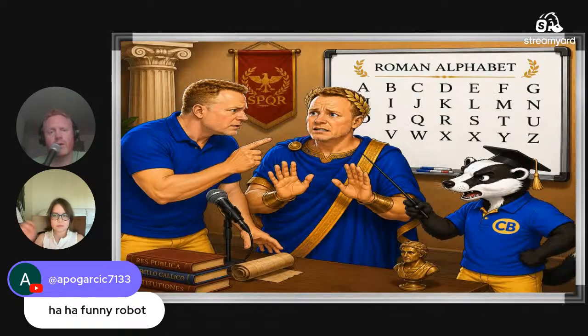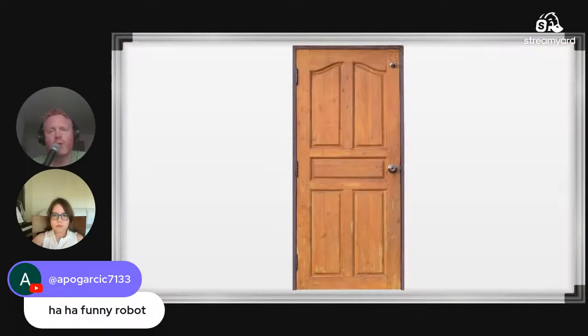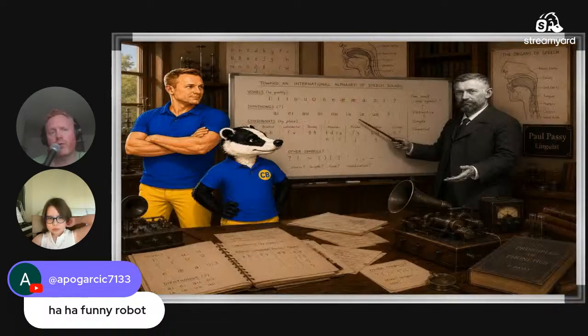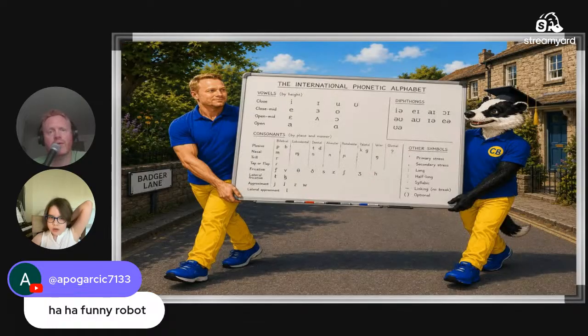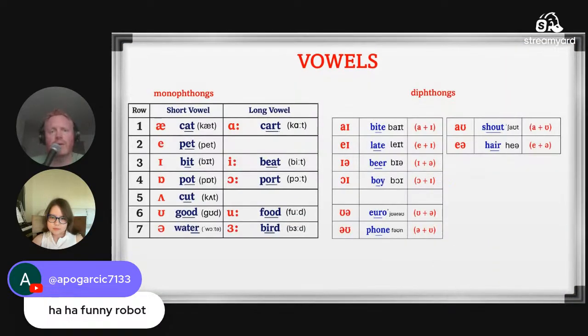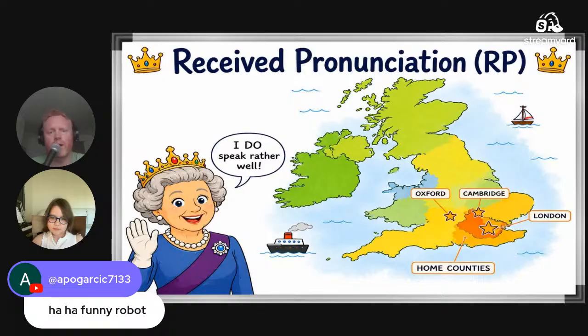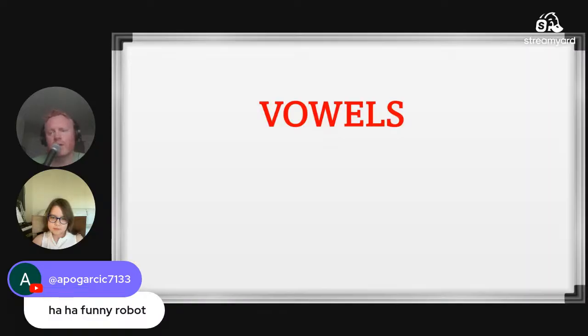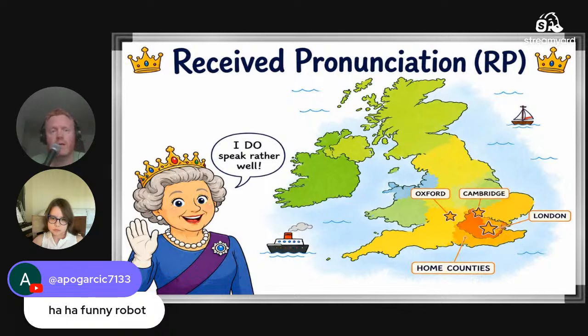So we had a look at a special pronunciation alphabet called the IPA, which we used to go through all of the sounds in English, starting with the vowels. We did the monophthongs, that's the one vowel sounds, and then we did the diphthongs. Also, this is the style of pronunciation we decided to use, which is RP, or similar to the Queen's English used in the south of England.